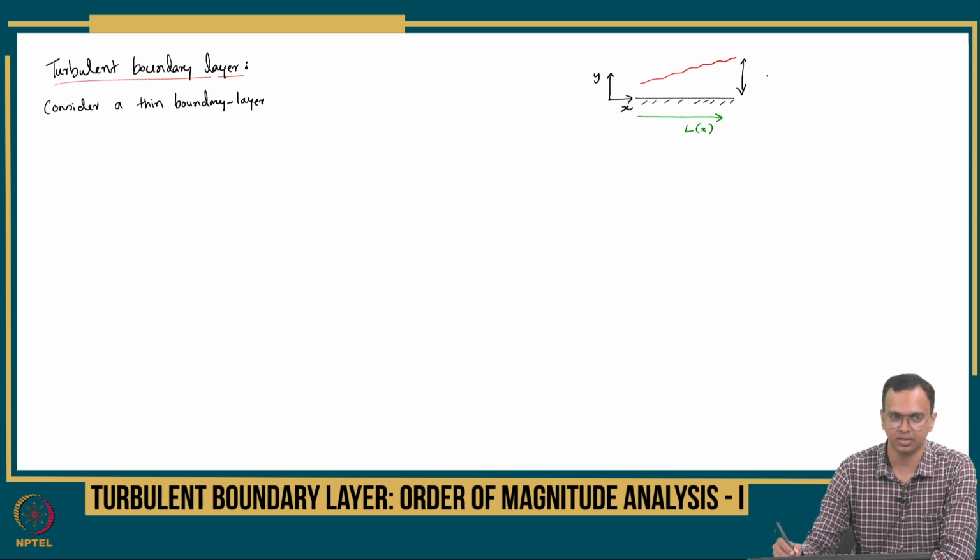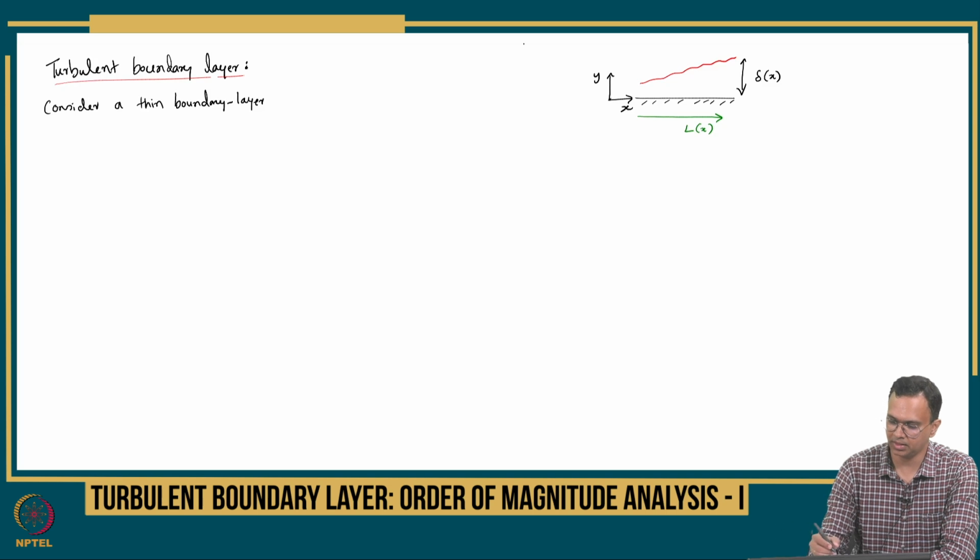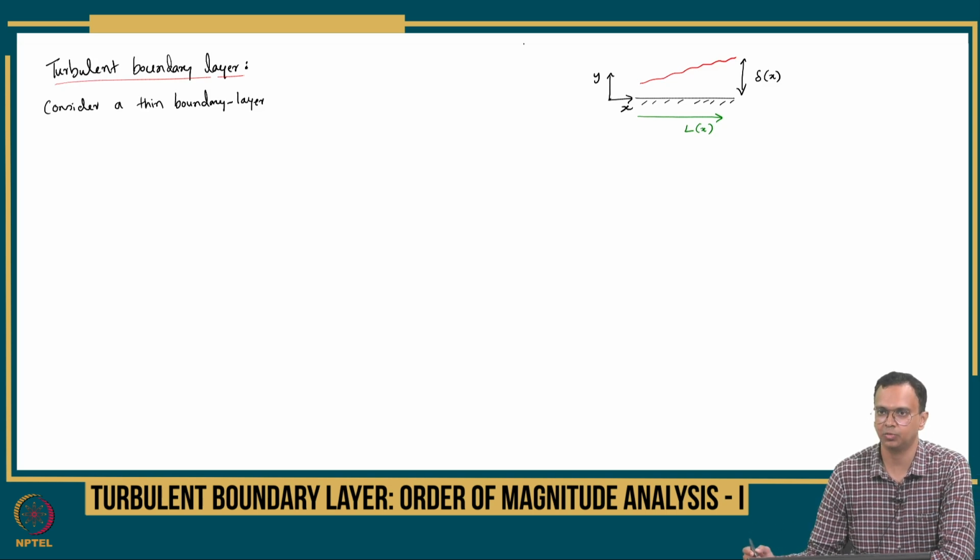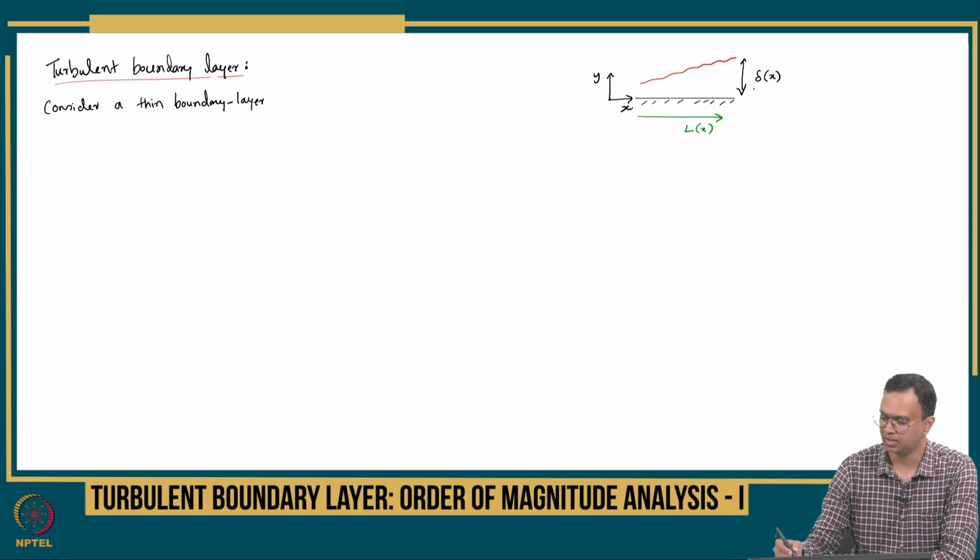That is the boundary layer thickness, which is a function of x. As you walk along the x direction, the boundary layer grows. So a thin boundary layer implies that you would need two length scales to define this flow. One is L, a horizontal length scale, and delta is a vertical length scale, both functions of x.